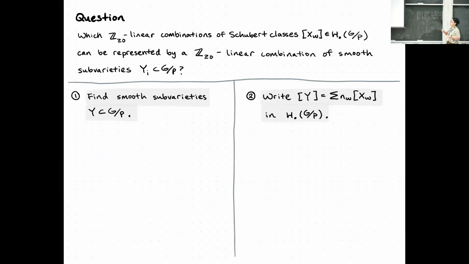The overall strategy I've been taking is to look for some smooth subvarieties in G mod P, compute their Schubert expansion, and write them out as a sum of Schubert classes, because then whatever output I get, I know this can be represented by Y. Then I can extend my results by taking effective linear combinations and build the cone that way.